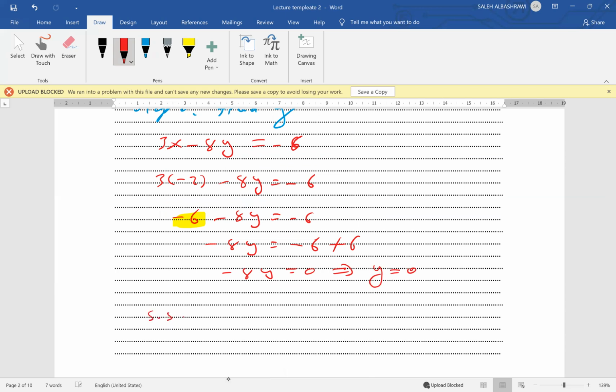So the solution will be x and y equal to minus 2 and 0. So again, elimination just means to choose one of the variables to eliminate, either x or y.